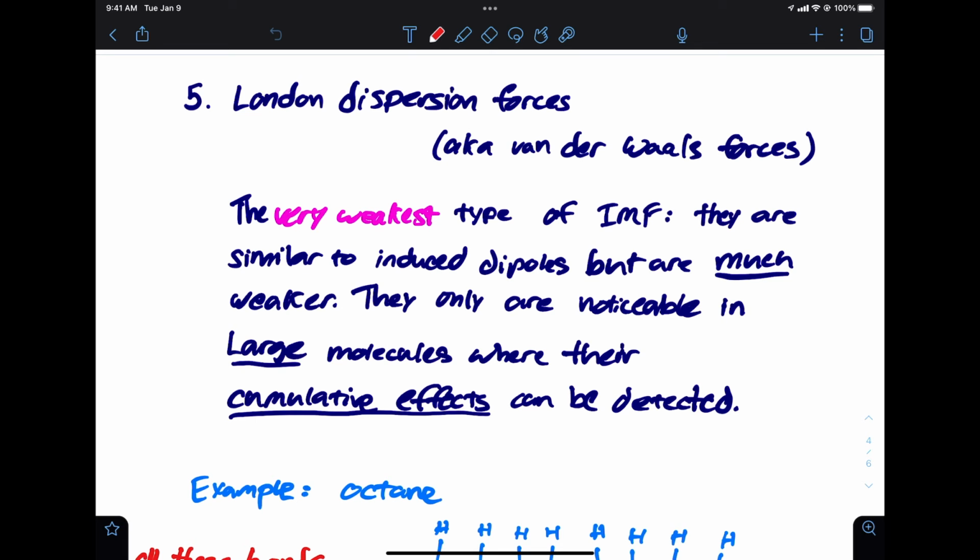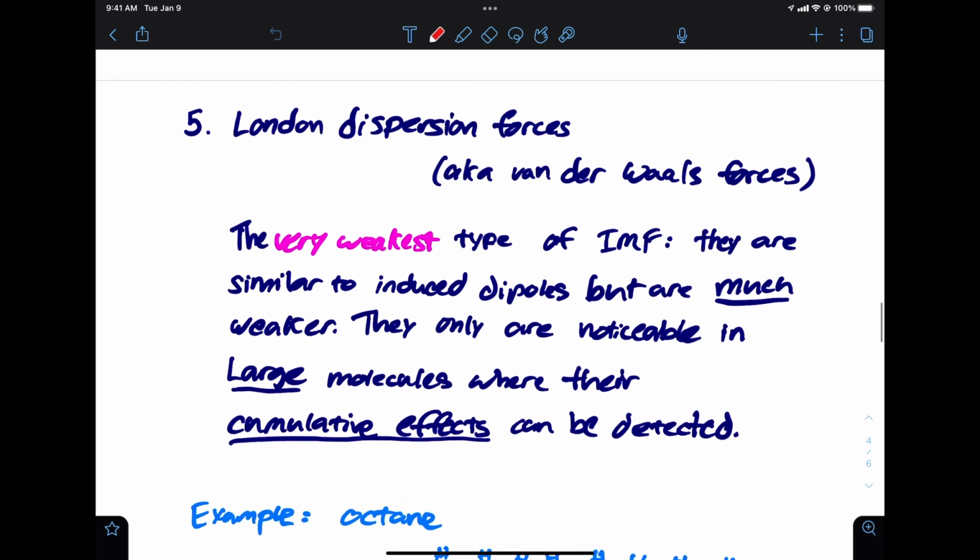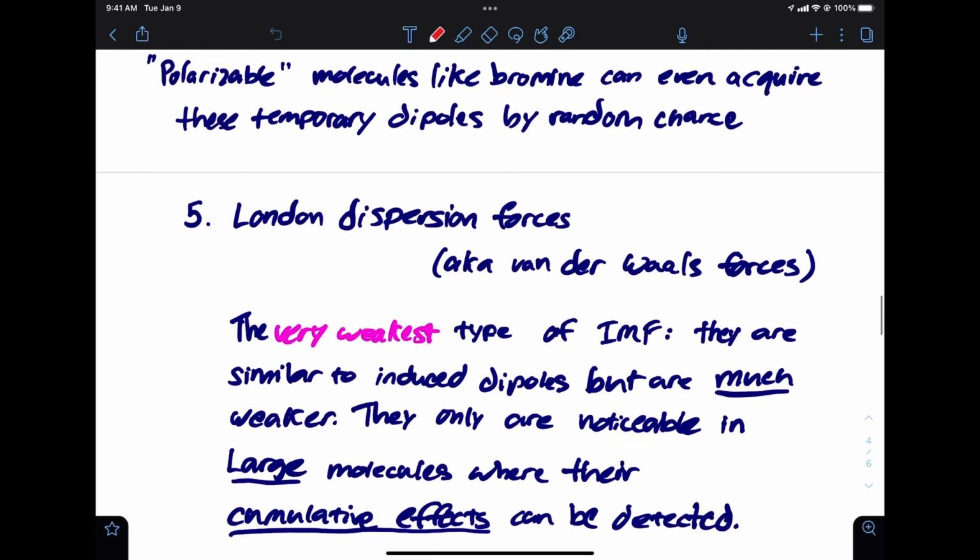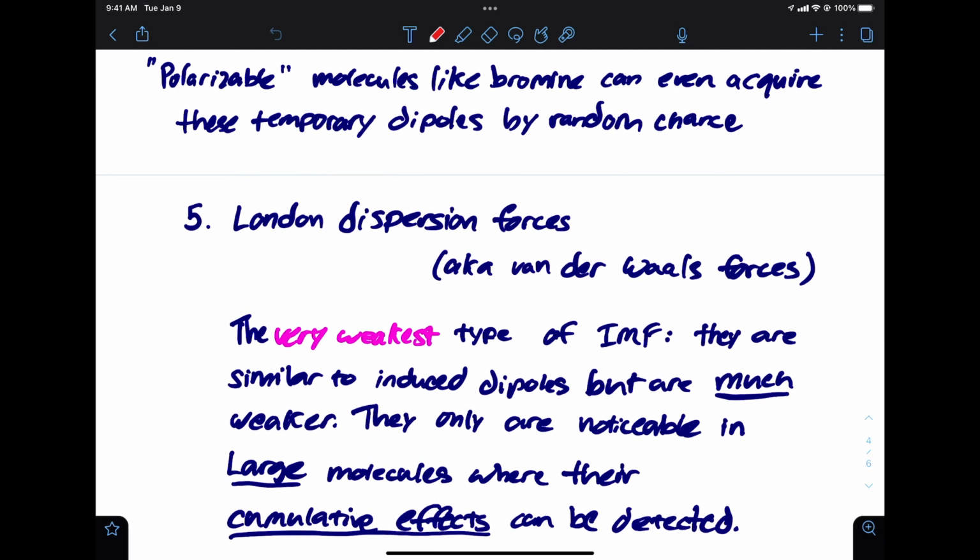There's all kinds of different ways that these things have been referenced in the last 100 years of chemistry. But this is related to the same idea of the random movement of electrons in a molecule that we said could potentially generate a temporary dipole in a polarizable molecule.